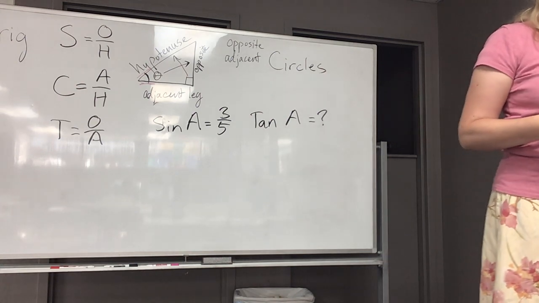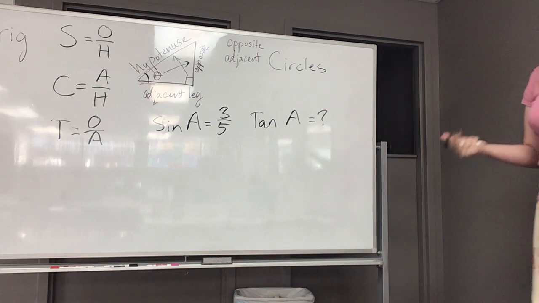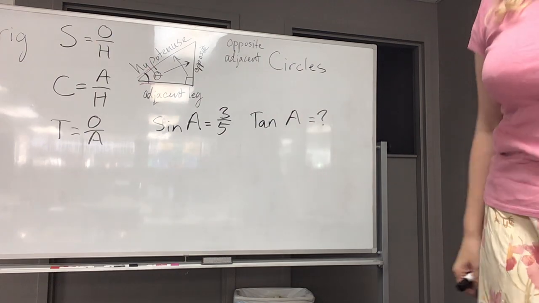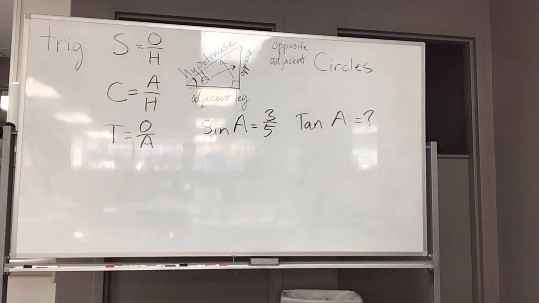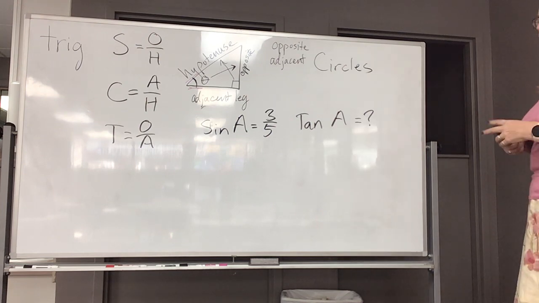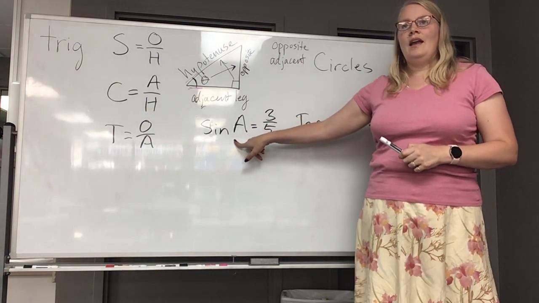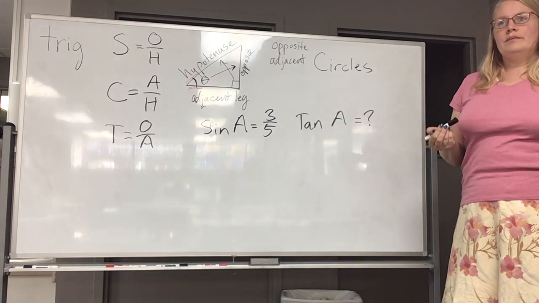They don't give us a whole lot of information beyond that. They don't give us a picture, they don't give us other information, just this is what we are working with. And so, for these, I want you to be able to recognize what's going on. The instant they tell us sine A, we've got a right triangle going on.